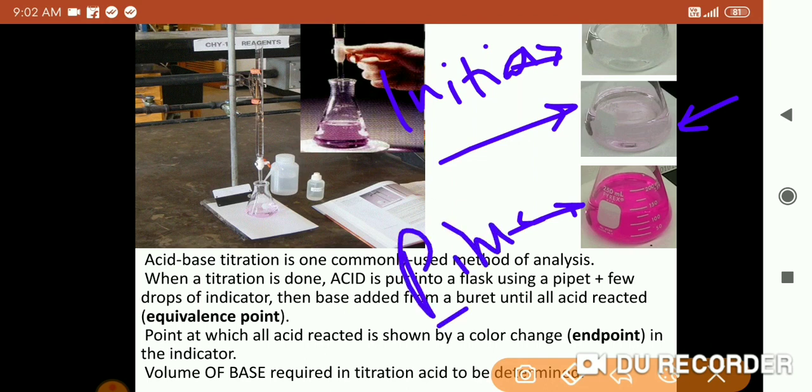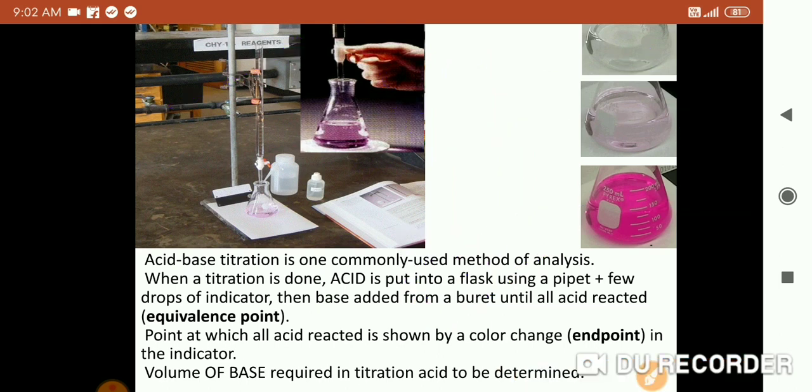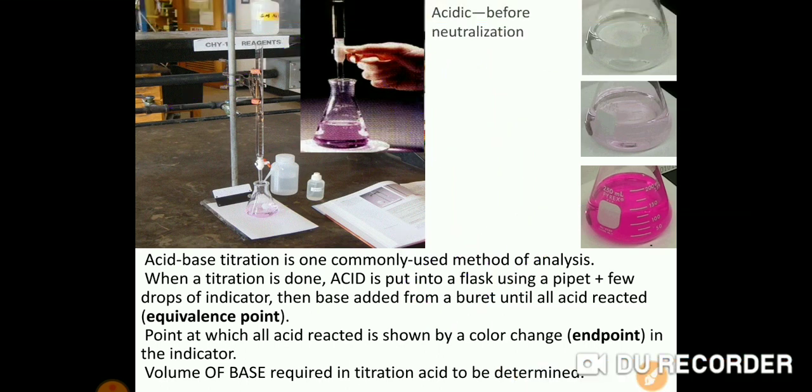Suppose you add the phenolphthalein indicator, which remains colorless in the acidic medium, and when base is added from upside, the color changes to pink, because the entire acid is neutralized.